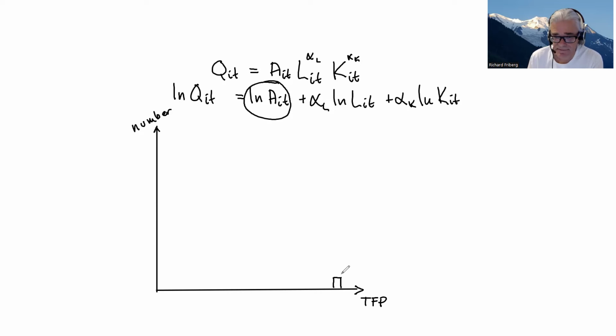Okay, so we have, I don't know, 10 firms in the highest bin. We place firms with their total factor productivity in different bins, just as if you had a histogram of height.